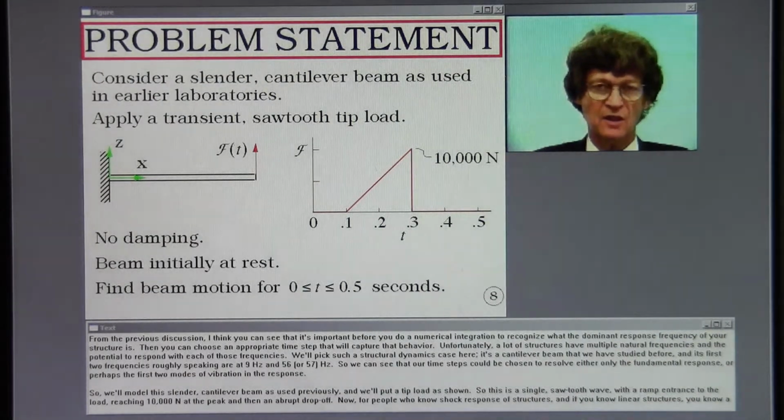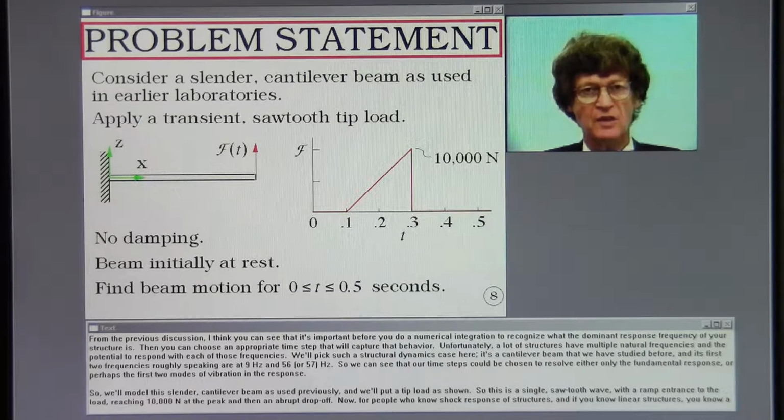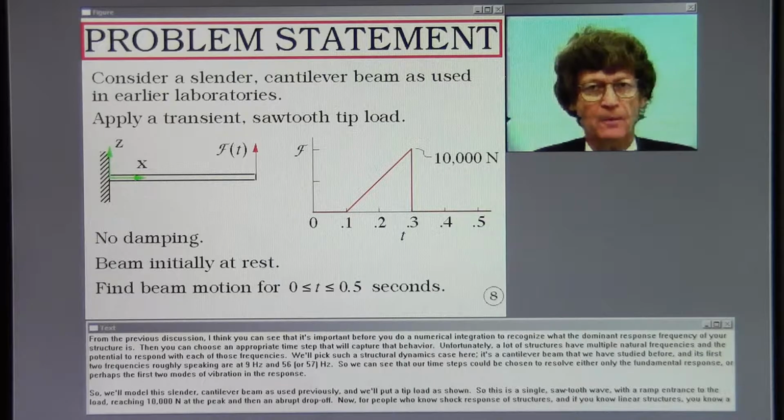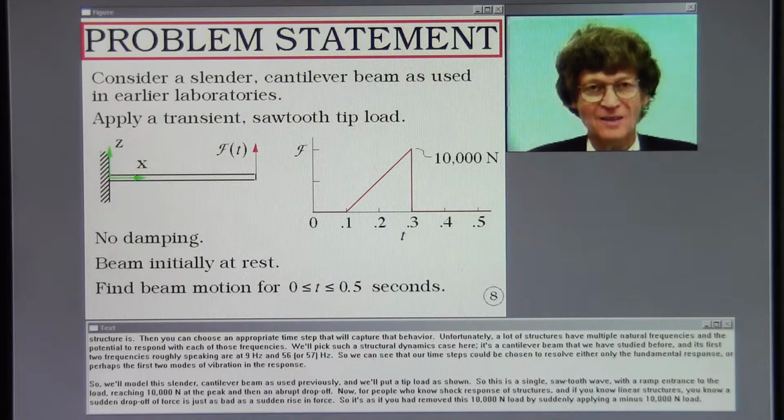From the previous discussion, I think you can see that it's important before you do the numerical integration to recognize what the dominant response frequency of your structure is. Then you can choose an appropriate time step that will capture that behavior. Unfortunately, a lot of structures have multiple natural frequencies and the potential to respond with each of those frequencies.